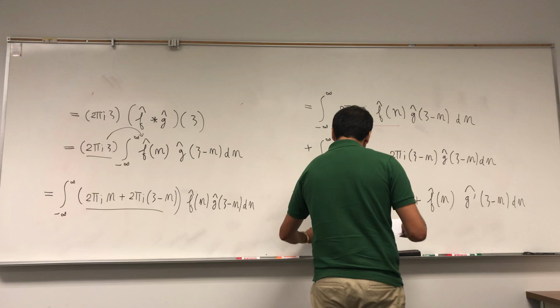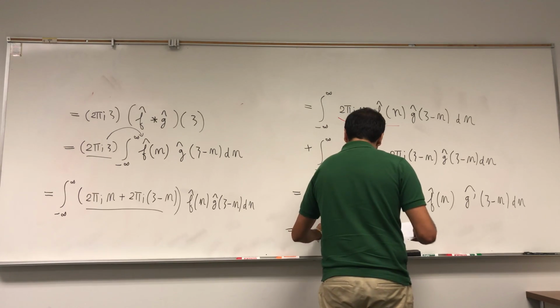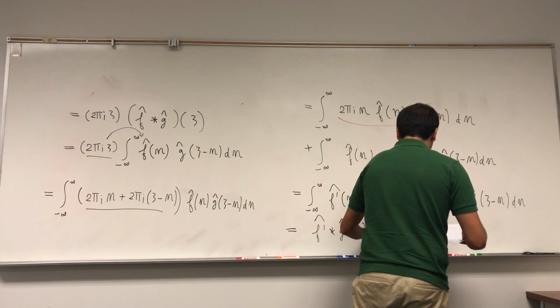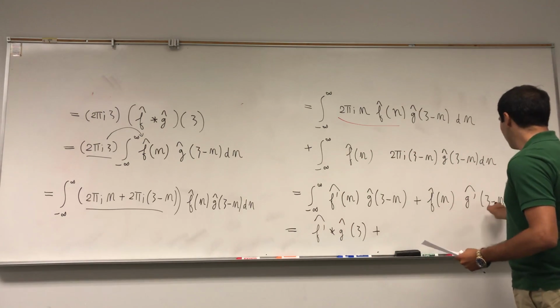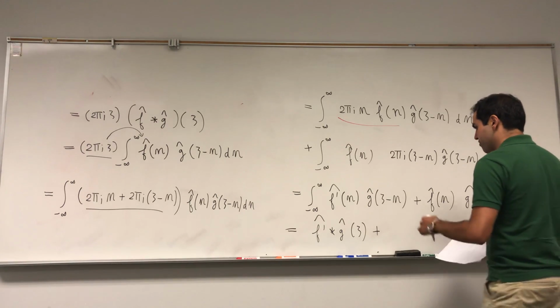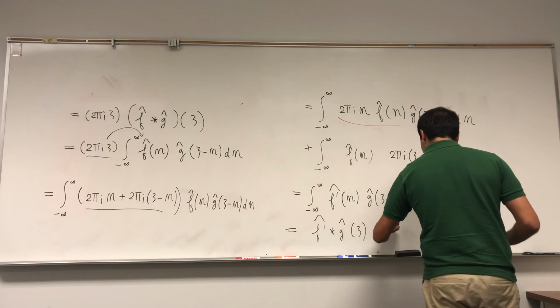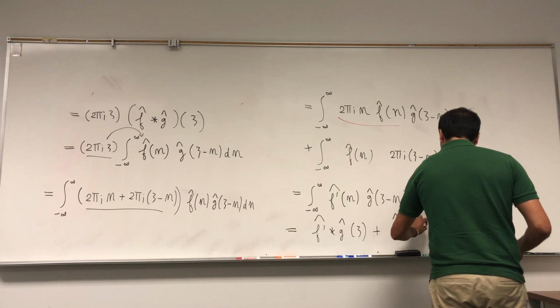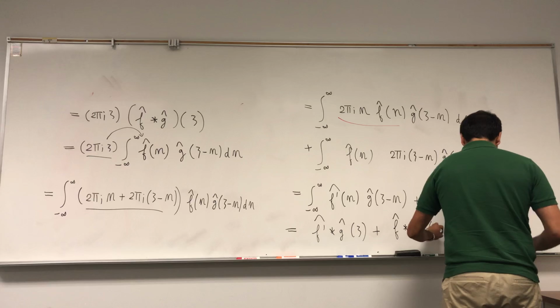So this is f prime hat convolved with g hat of xi. And same here, the sum of those is xi, and we integrate with respect to eta. So that's the same thing as f hat convolved with g prime hat of xi.